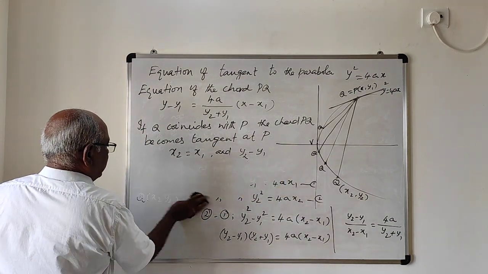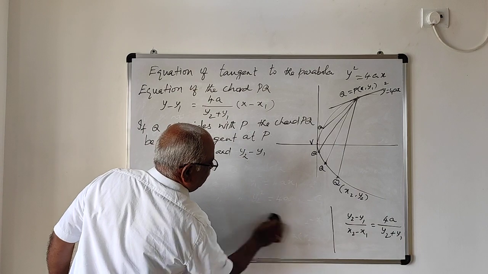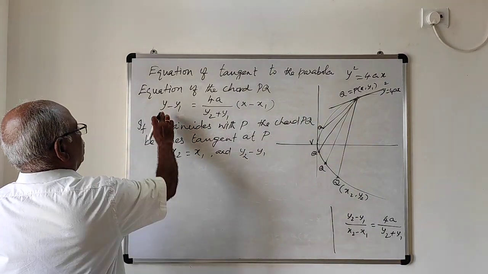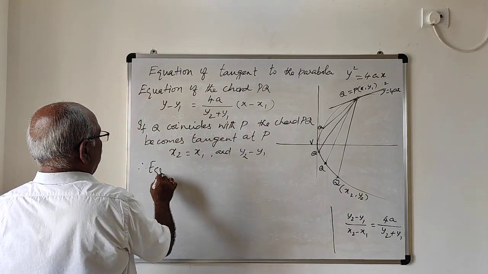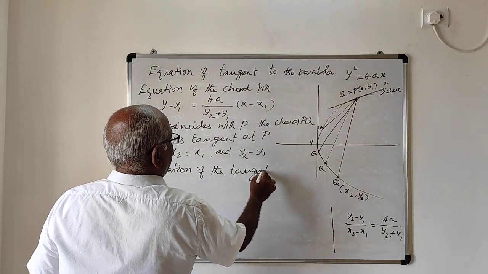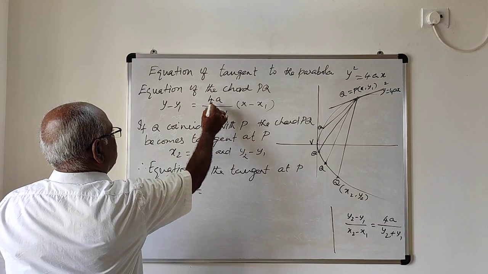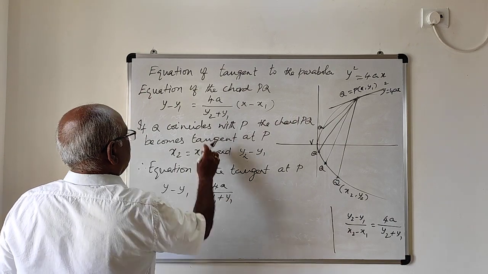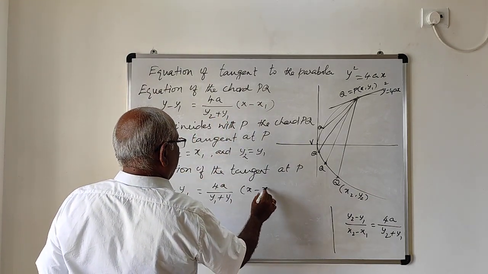Therefore, the equation of the tangent at P(x1, y1) to the parabola: since y2 coincides with y1 and x2 coincides with x1, the equation of the tangent at P is y minus y1 equal to 4a by (y1 plus y1), because y2 coincides with y1, into (x minus x1).